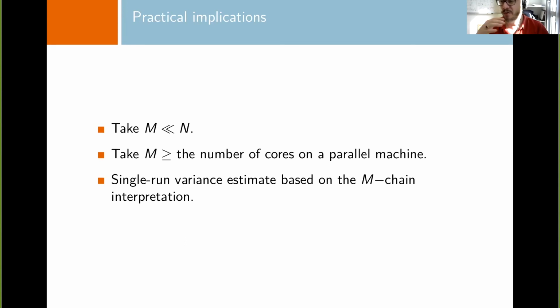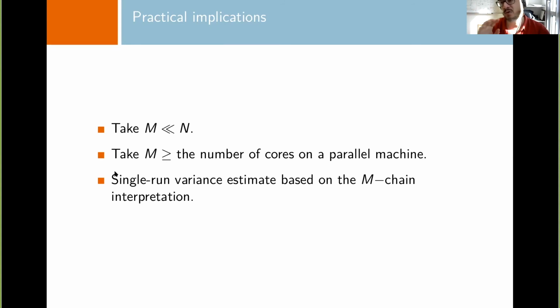Right. So anyway, from a practical point of view, our recommendation based on this asymptotic study is to take the number of resampled particles small relative to N. If you take the number of particles to be 10^5, we would take the number of resampled particles maybe only 100.